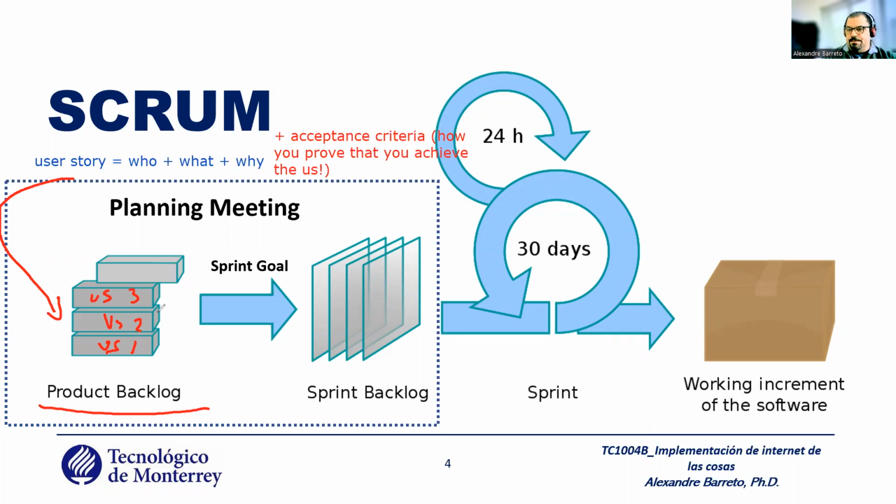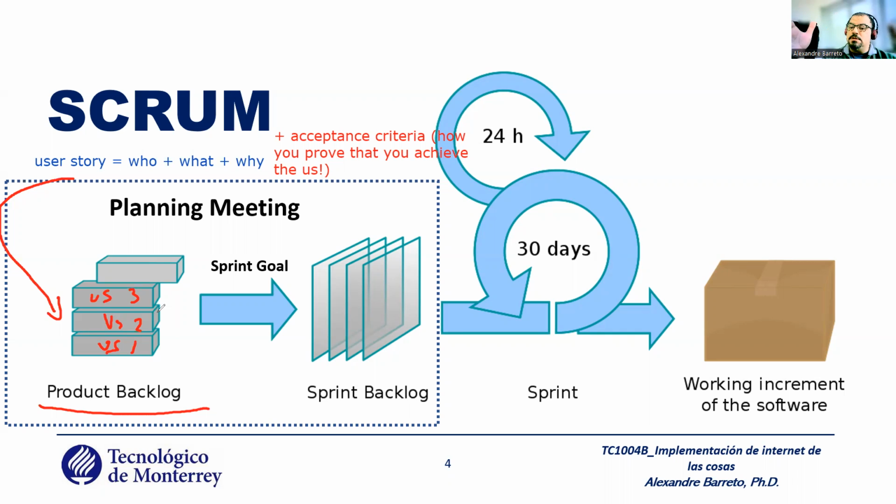During the planning meeting, you get this product backlog, and with your PO, or sometimes with the final client, you define the sprint goal. What is the sprint goal? The sprint goal is the main focus of the sprint.